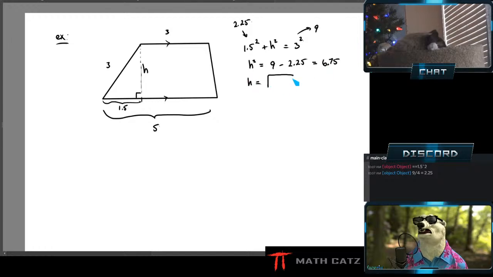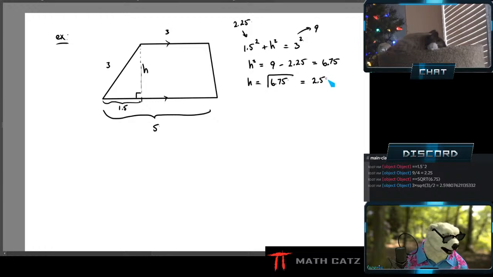So h is then the square root of 6.75, which is, let's see that, 0.5981 if I round it, but I rounded it, I have to keep that in mind.